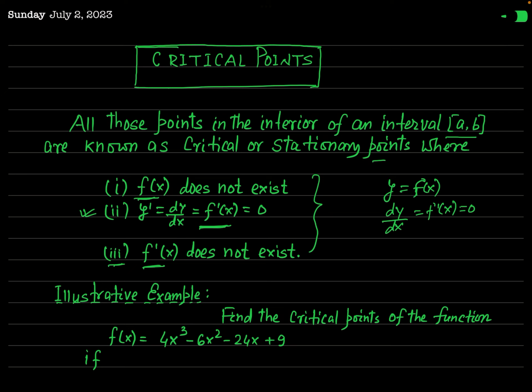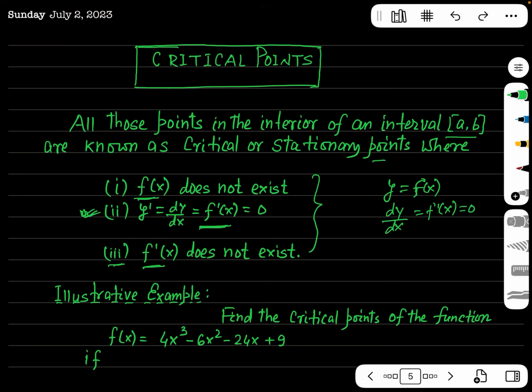So in 99.9% of the problems, this second condition will be used for finding the critical points on a curve or of a function. So now let us see an important example to clarify this idea.